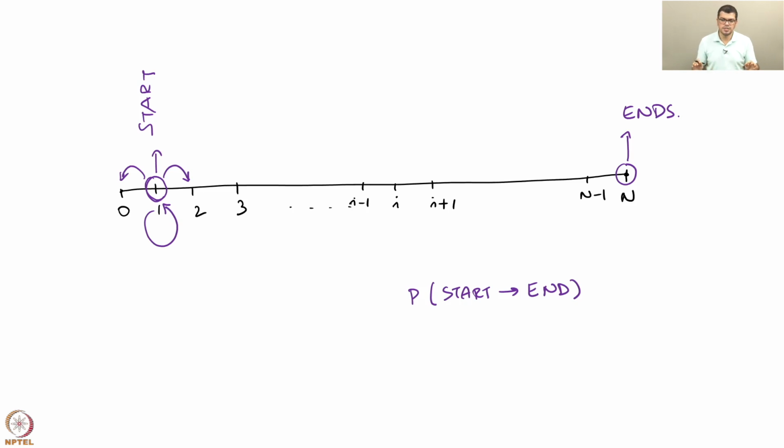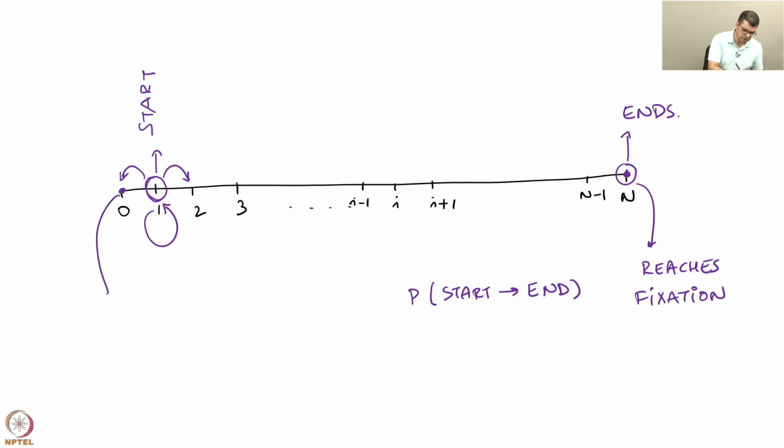for any mutation there are only 2 fates possible. One, it is going to reach fixation, or the second fate for a mutation is that it goes extinct. There is no other fate of this mutation.